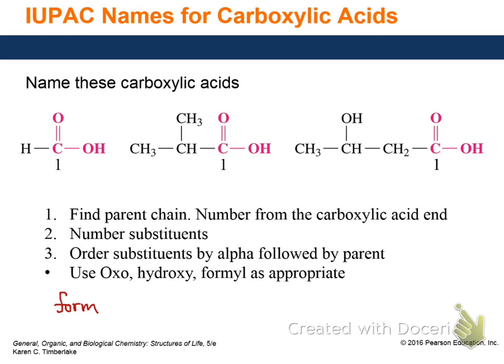So if you're naming this compound using its common name, you use that prefix system for 1, 2, 3, 4, 5. That's form, acet, propion, that's a weird one, and then butyr, right? So 1 carbon becomes formic acid.